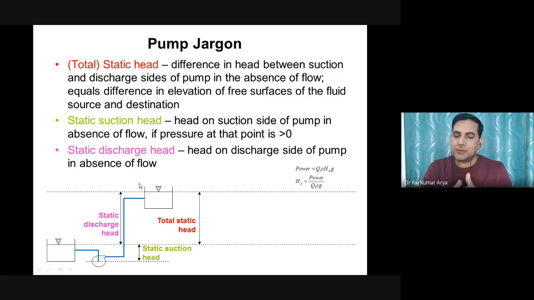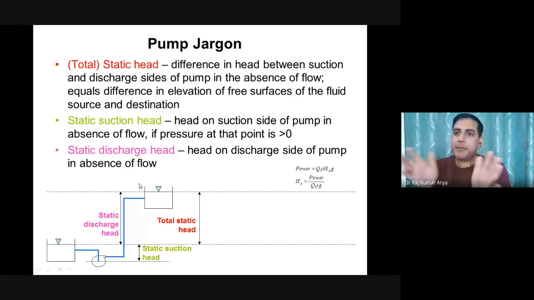In that case, you cannot change the flow rate. Whatever flow rate is given by the first pump, the same flow rate is transferred by pump 2 and pump 3, because nothing is coming in between. So this is called series combination of pumps.